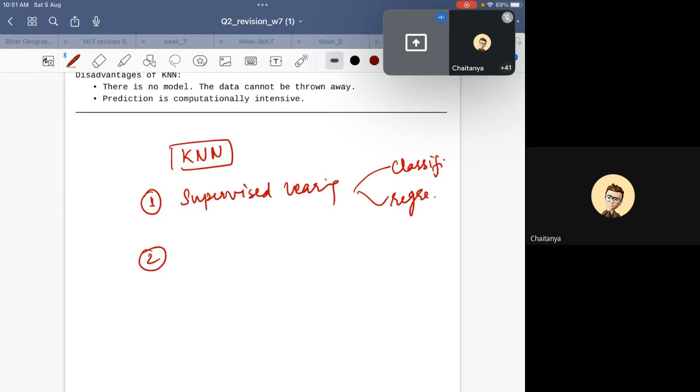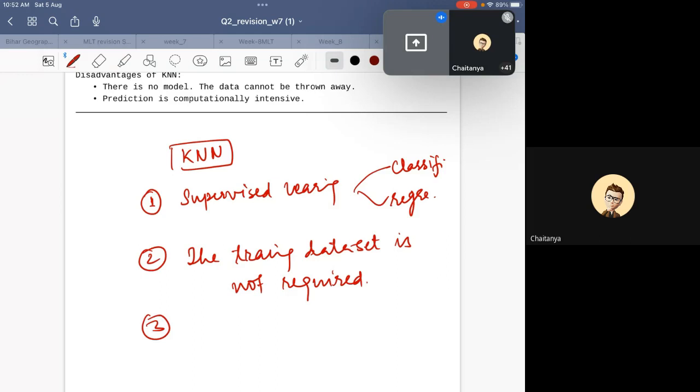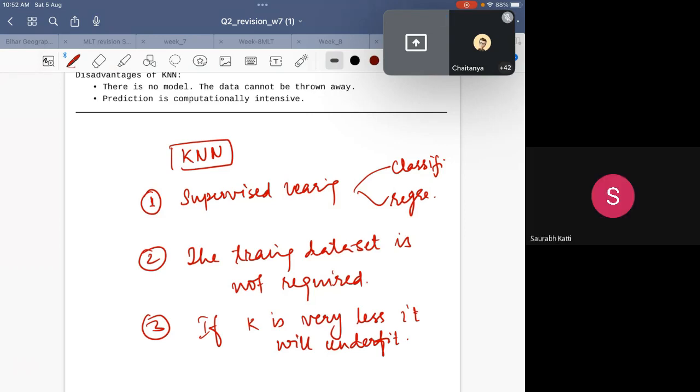The second statement is, the training data set is not required. The third statement is, if K is very less, it will underfit. So how many of the statements are correct? Is the first one correct or not? Yes, the first one is correct.